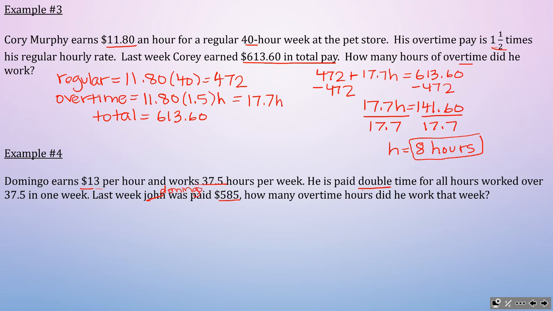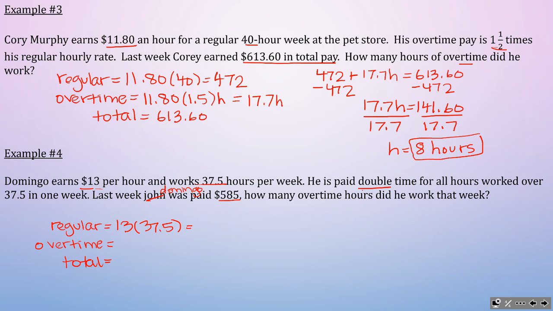All right, so we're going to find his regular pay, his overtime pay, and then we can find his total. Regular is the hourly rate times the number of hours.